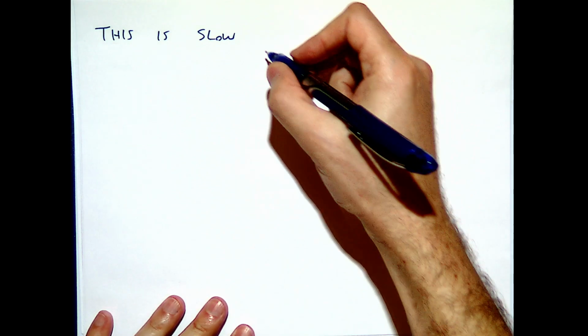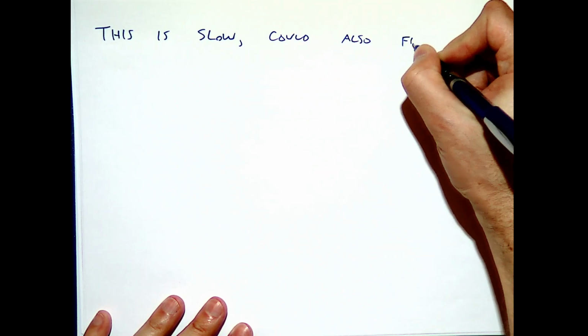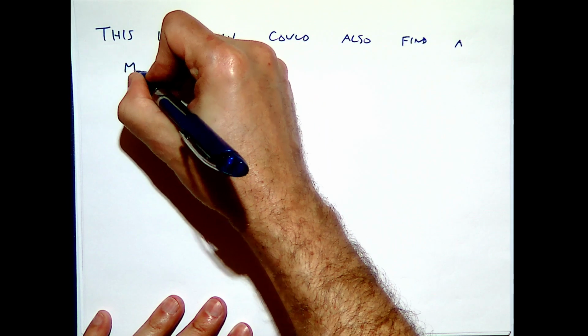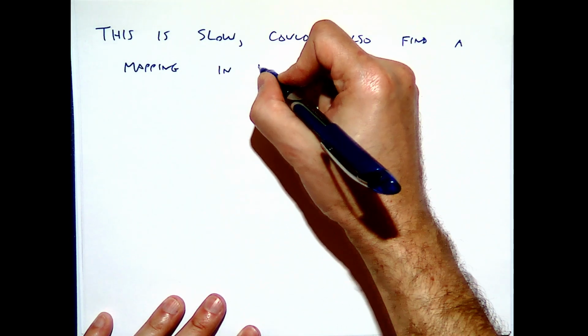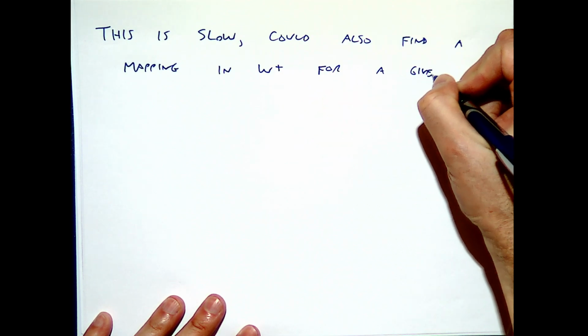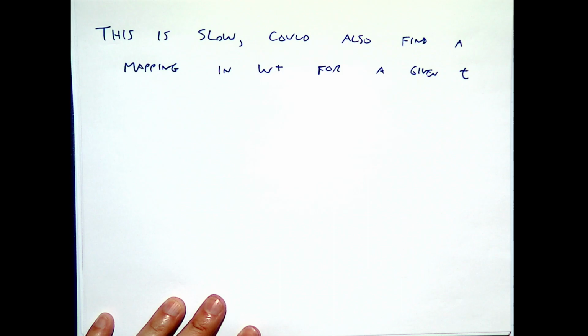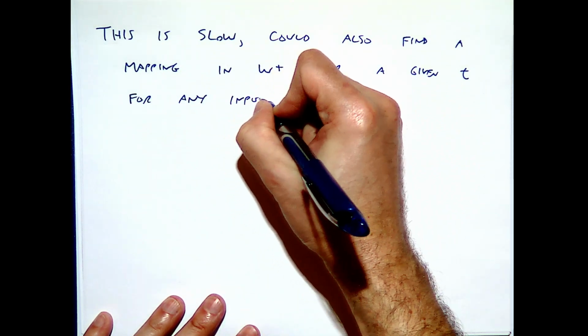So it would be better to find a mapping in this W plus space for a given t that should apply to any input image. So it's not input image specific.